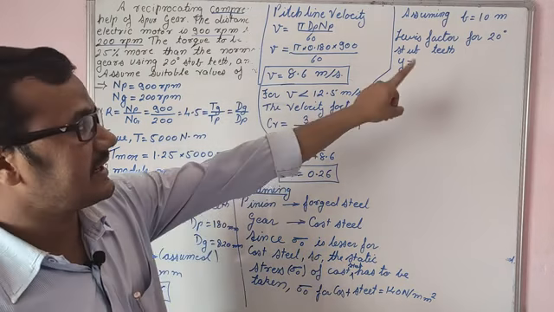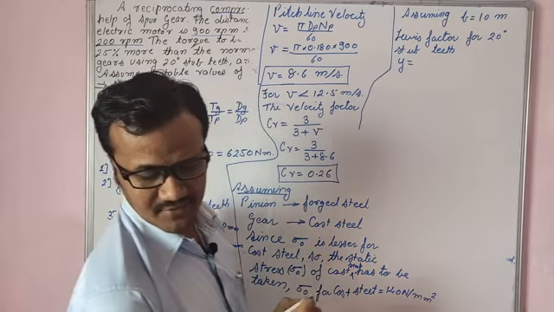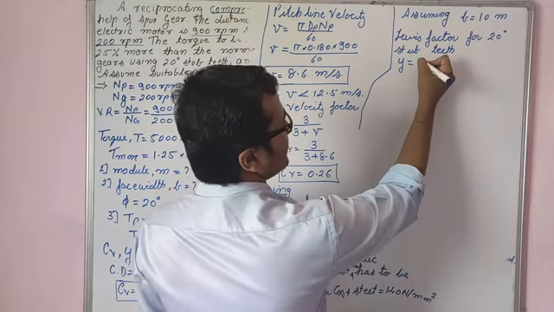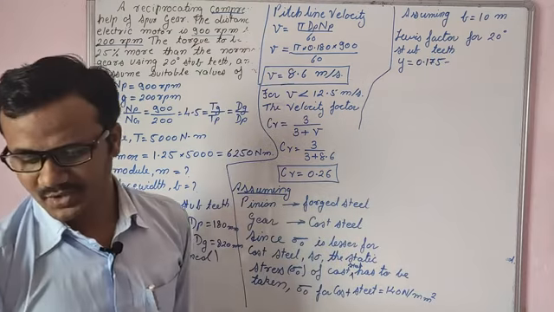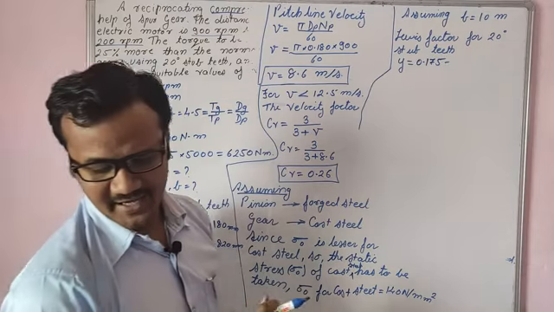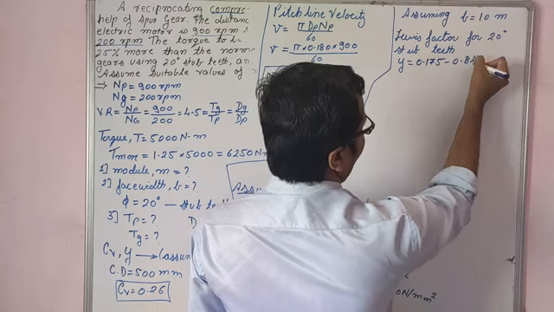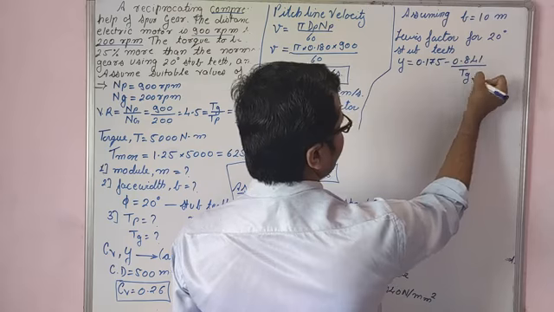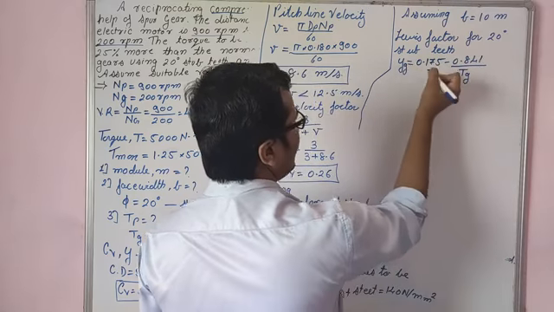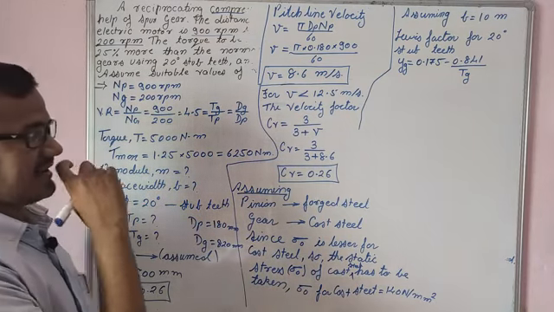For 20-degree stub teeth, the value of y is equal to 0.175 minus 0.841 upon number of teeth, and since we are taking for gear, it should be number of teeth on gear. So we are finding yg, that is the Lewis form factor for gear.